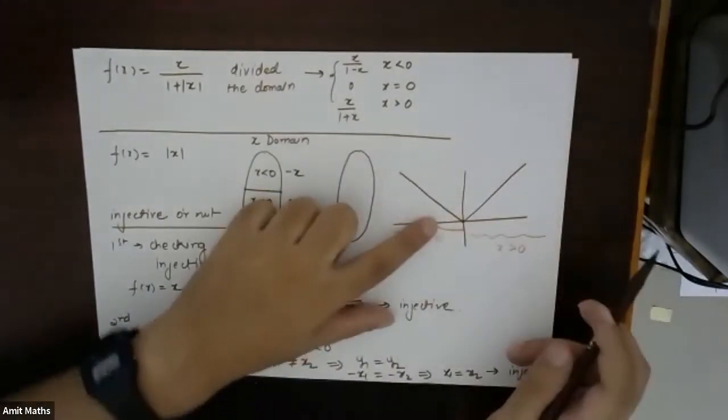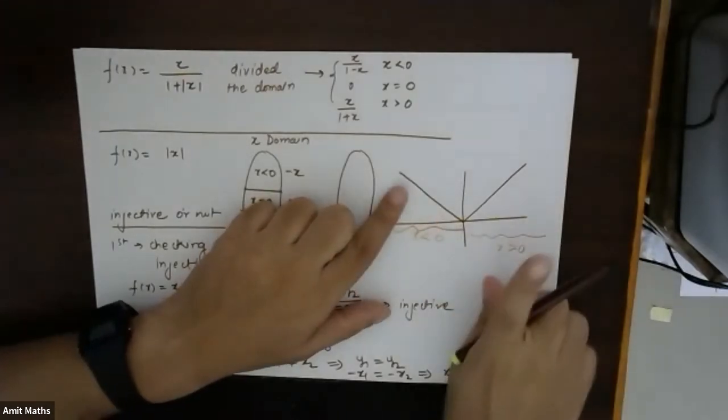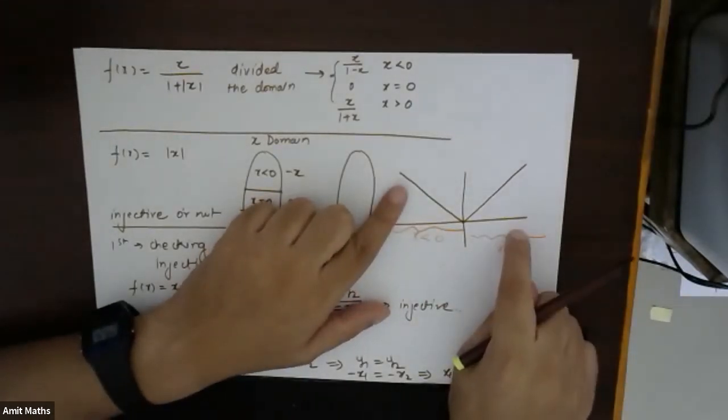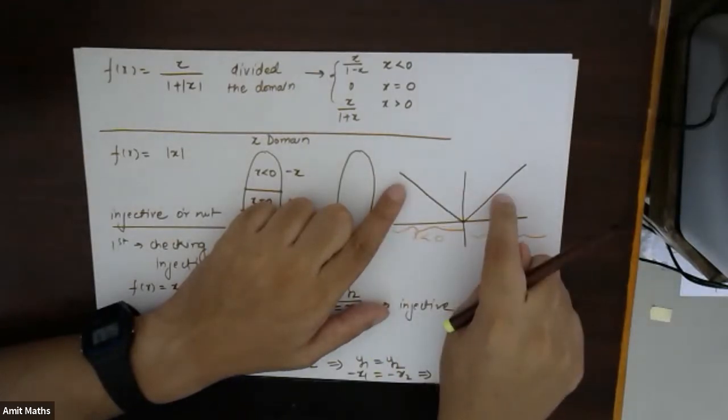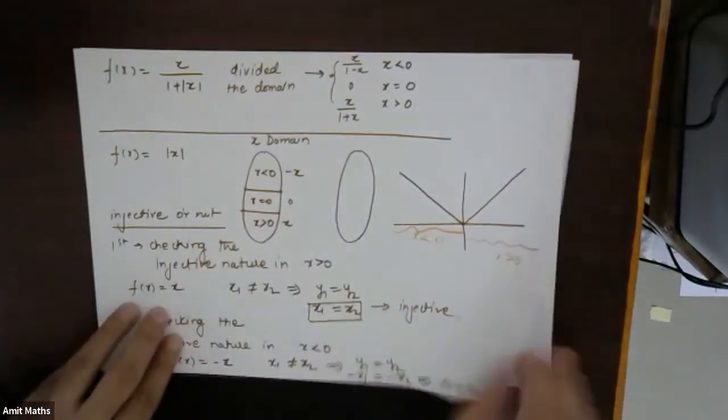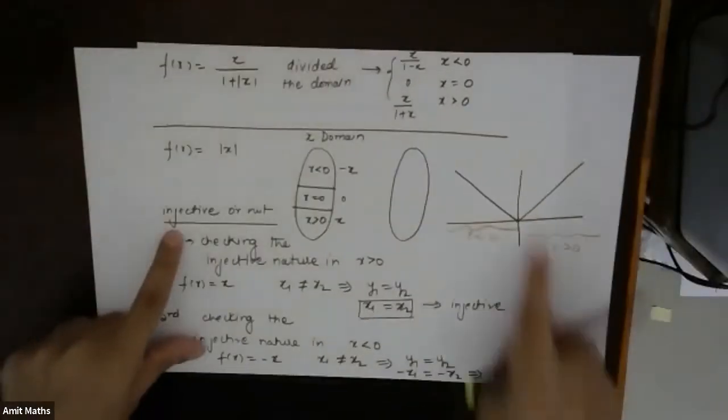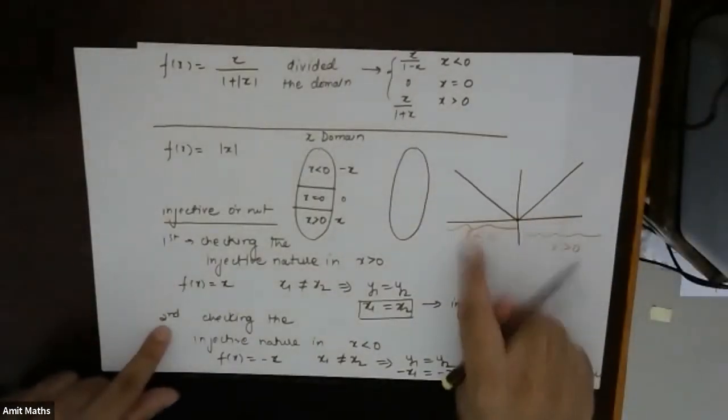But just by looking at the graph, I know that if I take one x from this side and another x from this side, this function will not be injective. So the first case was both on the right side, the second case both on the left side.